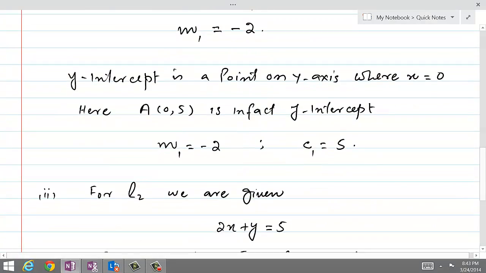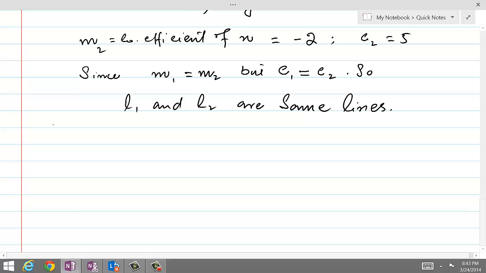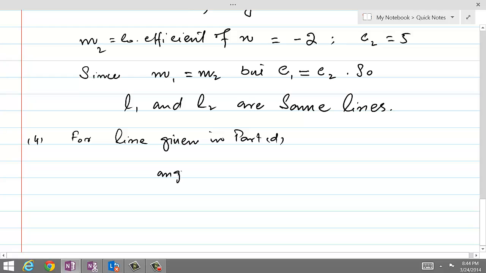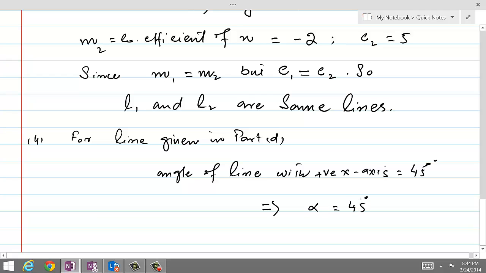For the line given in part D, what is the angle with the x-axis? The angle of the line with the positive x-axis is equal to 45 degrees. We can call this angle alpha, which is equal to 45 degrees.